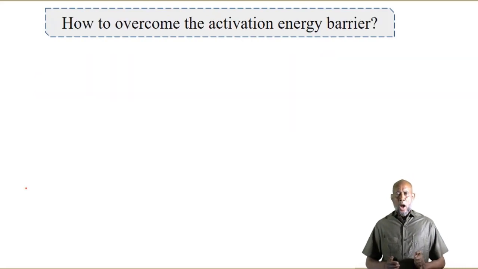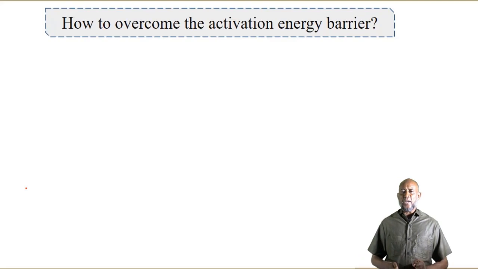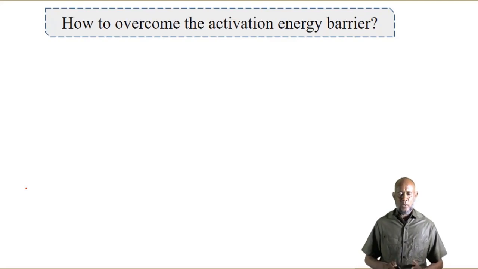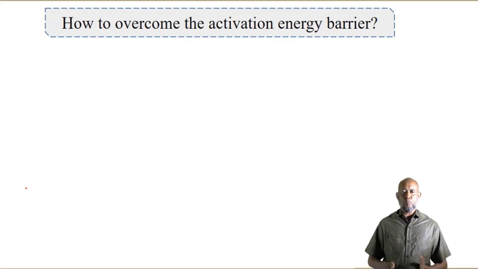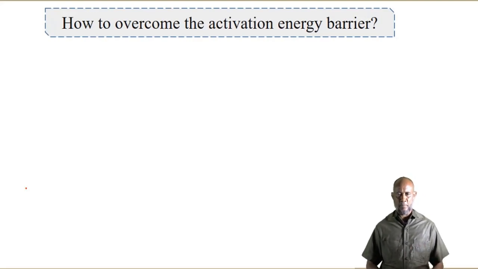Now, how to overcome the activation energy barrier? In order for a chemical reaction to occur within the cell, there must be an activation energy. Therefore, how does the cell overcome the activation energy barrier? How do they resolve this problem?